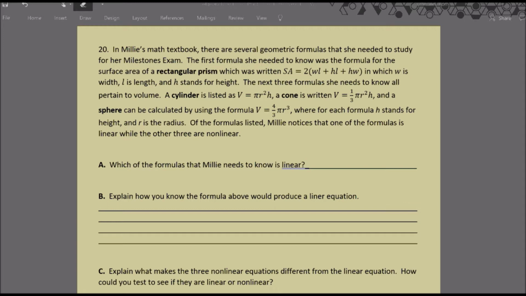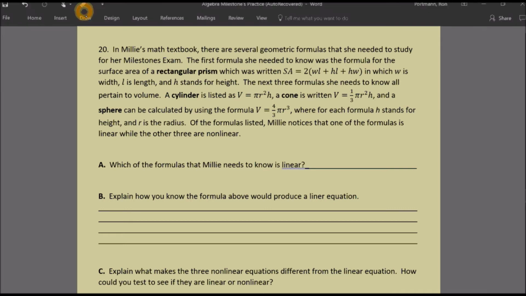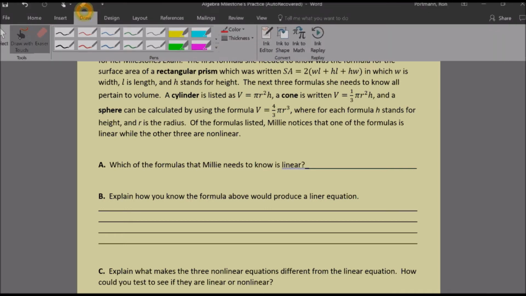That's like a shoebox. The surface area can be written as 2 times the quantity WL plus HL plus HW, in which W is the width, L is the length, and H stands for the height. So we're going to take that into consideration here.